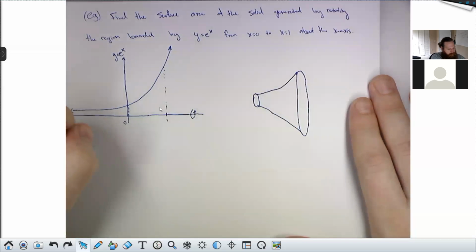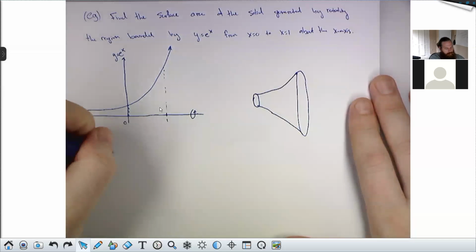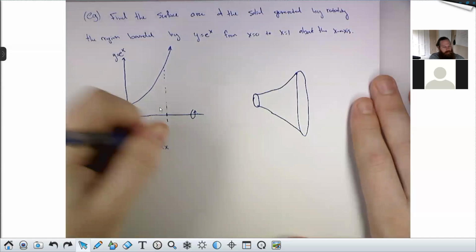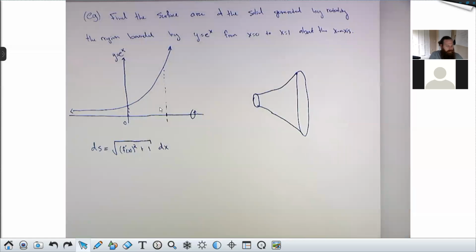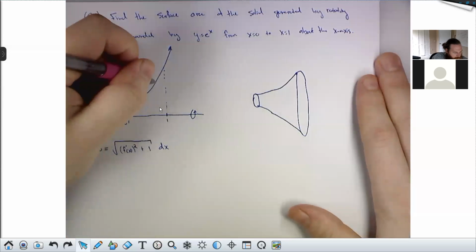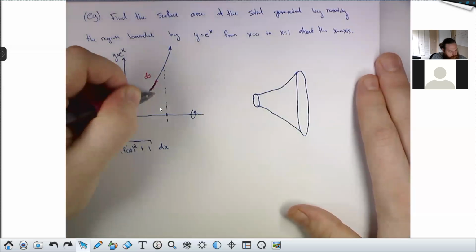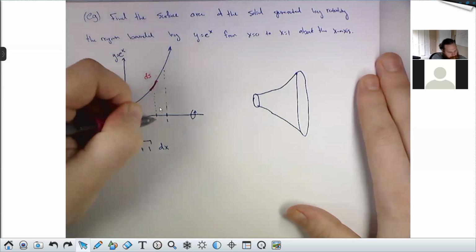To find the surface area, we need ds. ds is the square root of f primed of x squared plus 1 times dx. And again, I want you to remember that this ds stands for a little tiny element of arc length, taken at position x.